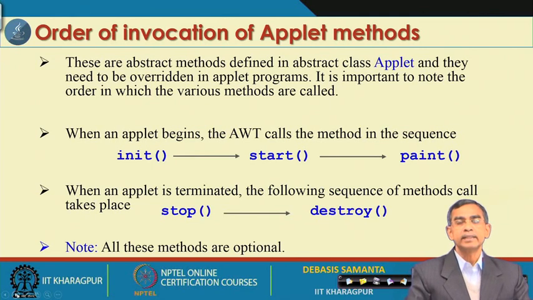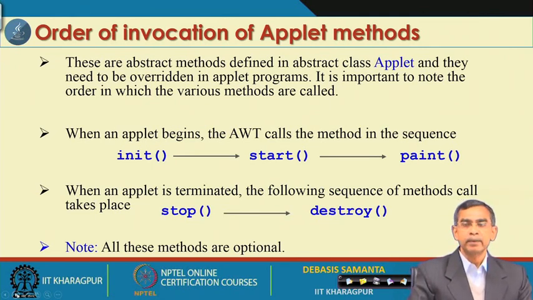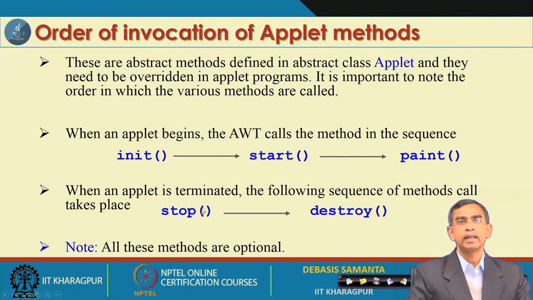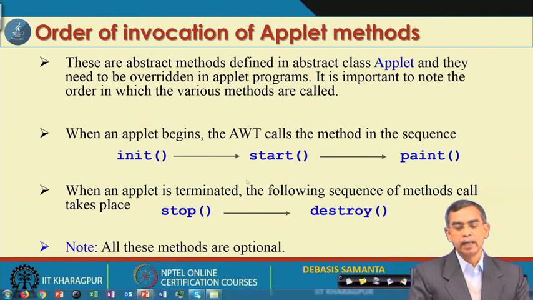Now, the next thing is whether all these methods should be written in a particular order in the applet program. Actually, the answer is that we can write them in any order; it is not necessary to write init first, then start, then paint. However, the execution of these methods follows a specific order. If you define all these methods, init is executed first, then start is invoked, and then the paint method.